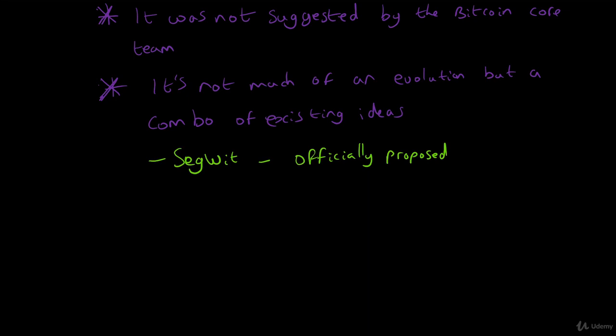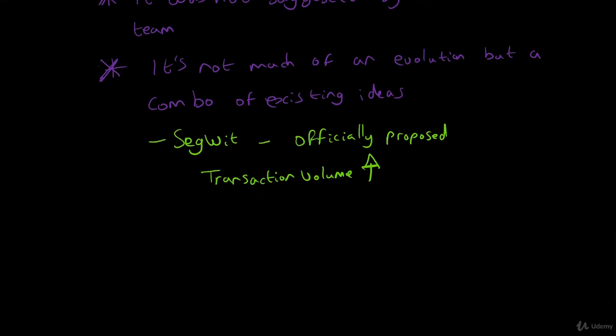And this was basically to increase the volume of transactions that fit into each block without actually increasing the block size. So transaction volume goes up without actually increasing the block size. So that's actually quite a cool thing.